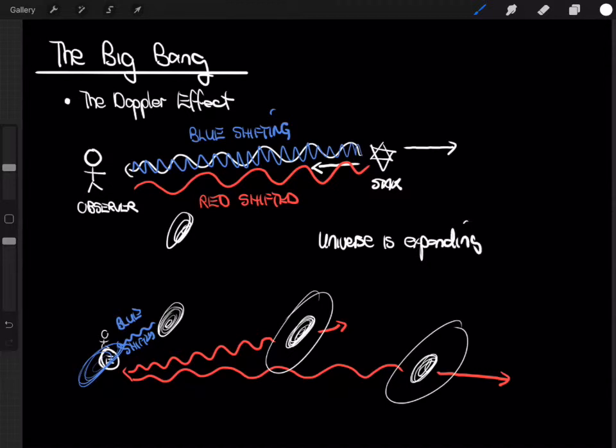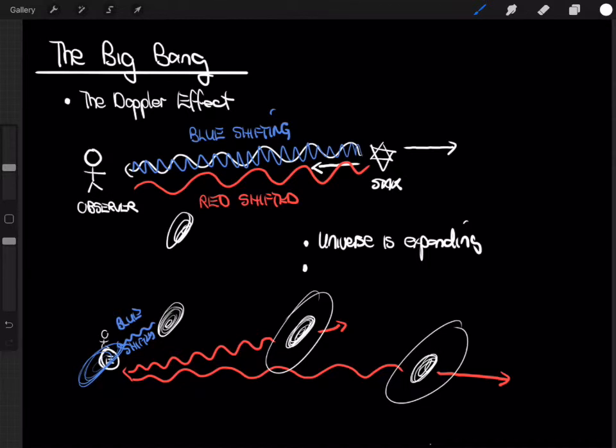And what's more, he realized that the further away the galaxy was, the faster it was receding away from us. And those two ideas are what constitute Hubble's law. So I'll leave it to anyone to look into a bit more detail, but they are the main ideas of Hubble's law.